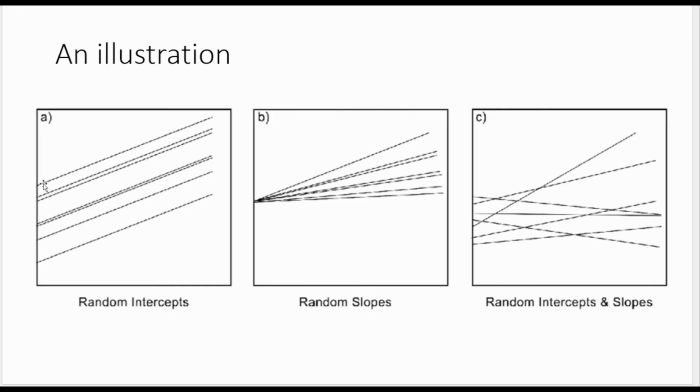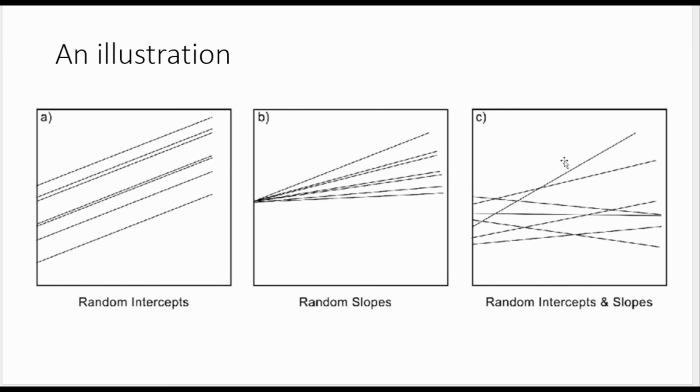So here we go. Our slopes are all pointing in the exact same direction at the same level. Only our intercepts at a different starting position have changed. If we have random slopes only, but no random intercepts, then all of our lines would start on the same point, but our slopes would differ in the degree of their strength.